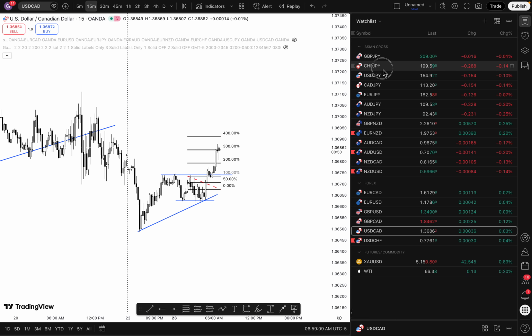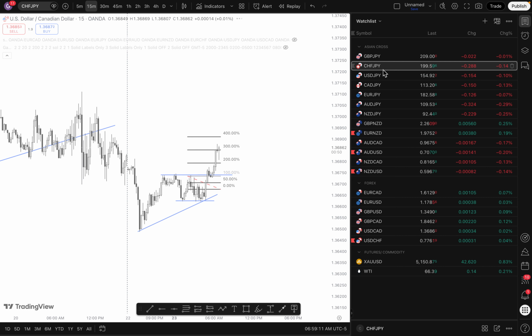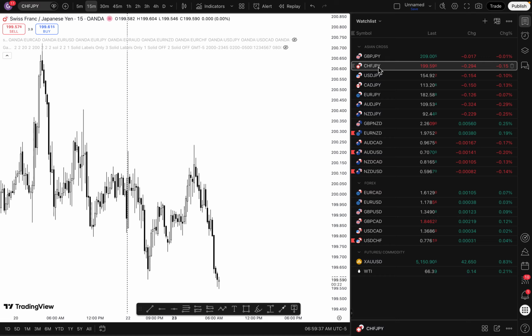Now we had an opening range reversal on CHF JPY, which I carefully looked at. Most times we see the market moving in gap time. With these gap time moves, the market will force traders to make the wrong decision and then move the market outside of the session to make traders scared of taking any action.